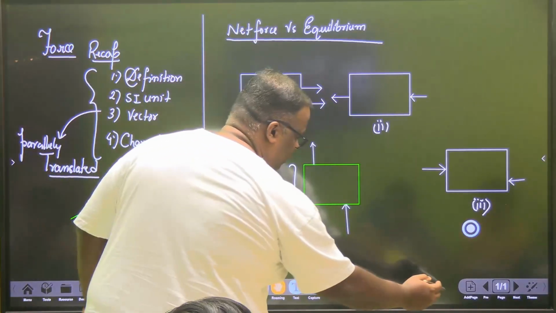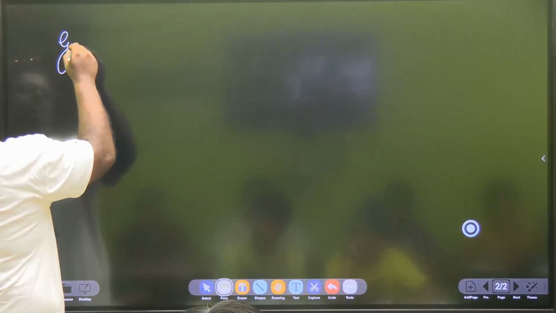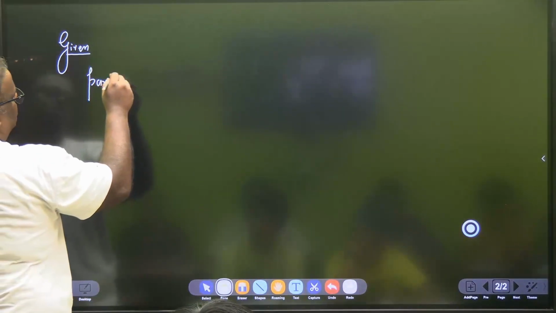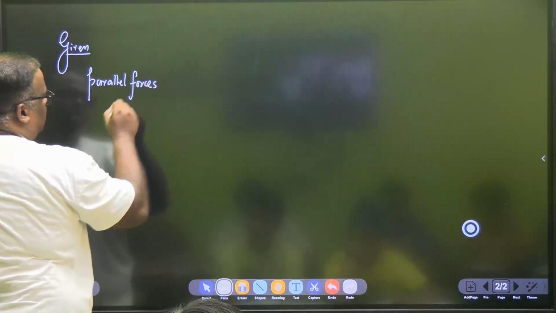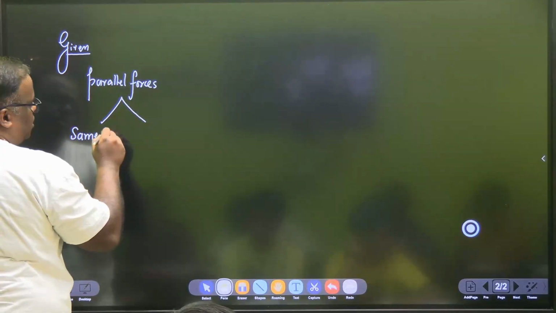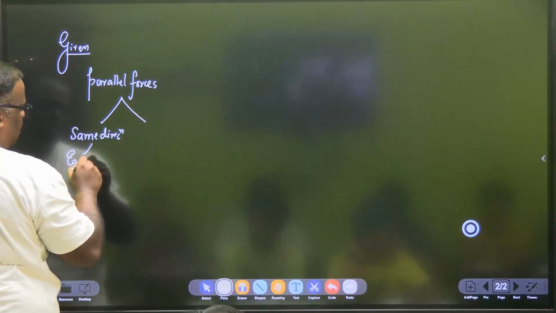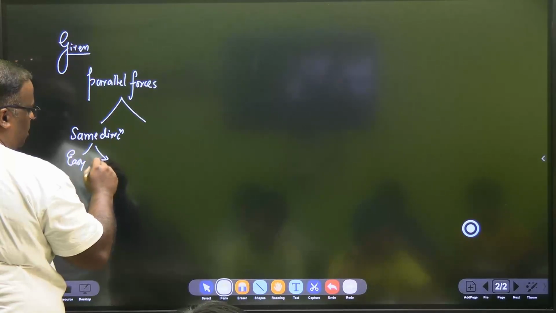आगे चले थोड़ा सा. Okay. So what will be given to us? We will be given parallel forces. Now these parallel forces can be in same direction in an easy manner, or there will be some sort of puzzle.